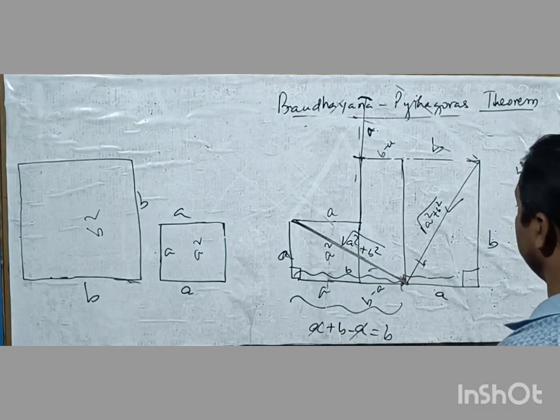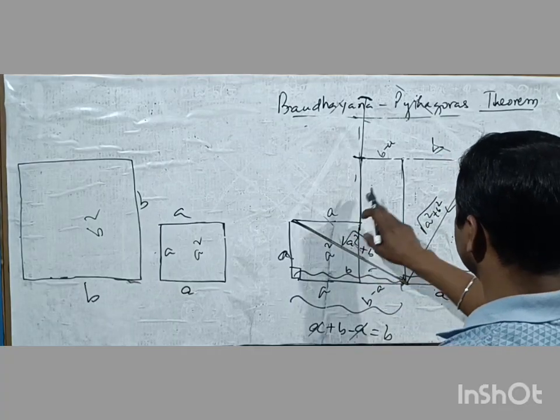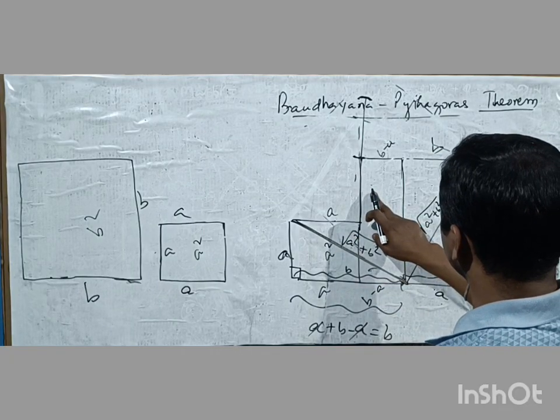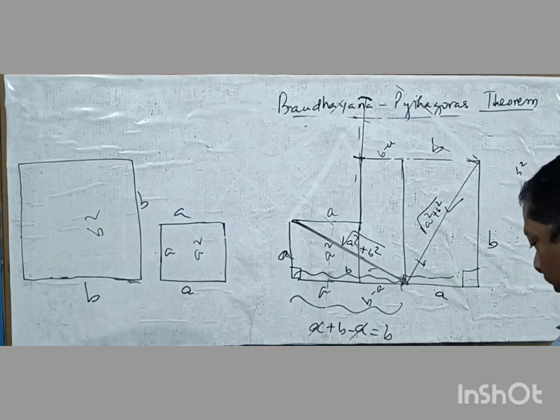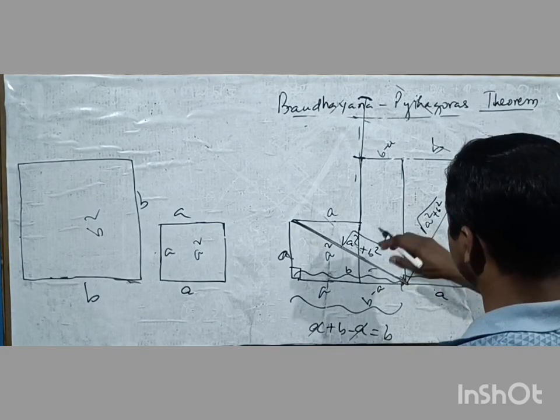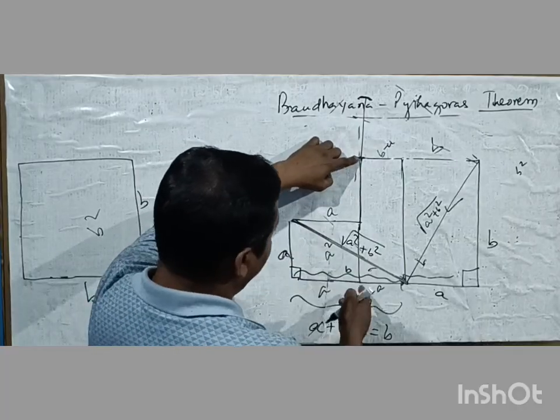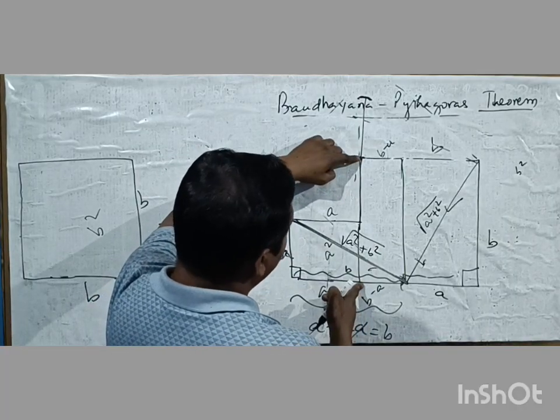If I am taking B here, this is A, this should be B. Okay. So in what way will I take? This should be B. So this is the B. This is the B. Okay.